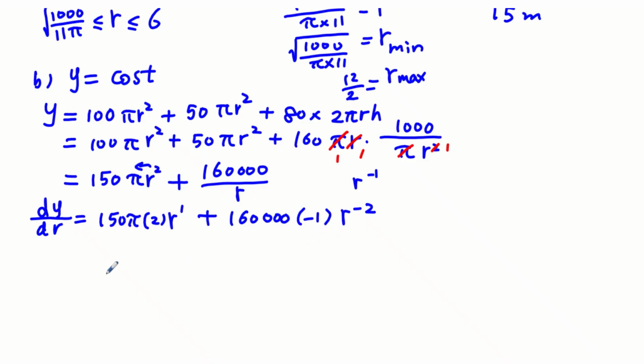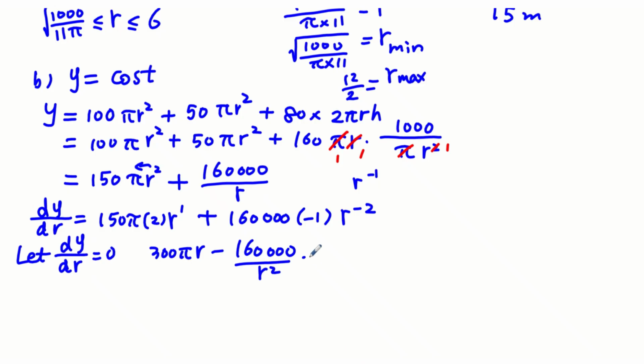So we want to let the derivative equal 0 and solve for r. We have 300 pi r minus 160,000 r to the -2, which is over r squared, equals 0.